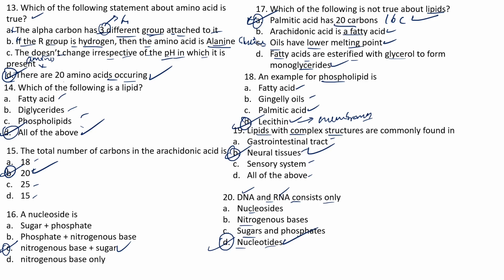In that way, you can increase your accuracy. Don't feel that the questions we have discussed are very easy; questions are always framed in this particular way. And as I have said, at the end of the whole unit, all three chapters of the cell, we will be discussing previously appeared questions.